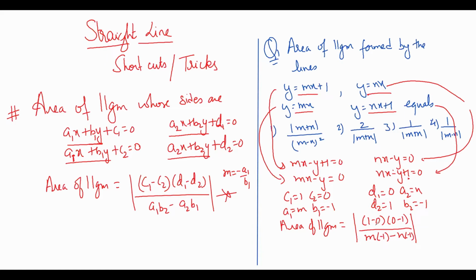So in the numerator, what do you get? 1 into minus 1, that is minus 1. In the denominator, this is minus m and this is plus n, so this comes to n minus m. Further, this comes to 1 upon mod of m minus n. So my answer is the fourth option.